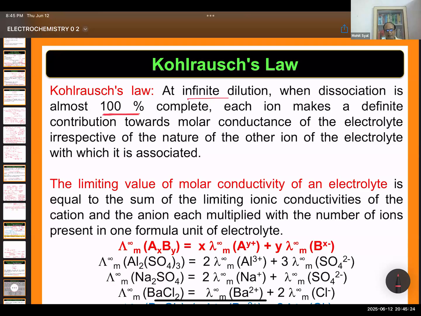Suppose you have taken potassium chloride and you measure the molar conductance of potassium chloride at some concentration C, which is not infinite. Let's say it is 0.1 molar. When you are putting more and more water, the molar conductance is increasing.